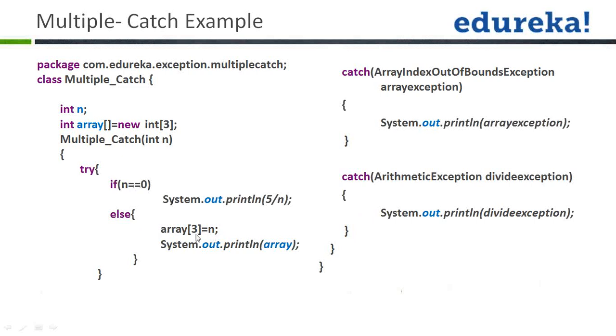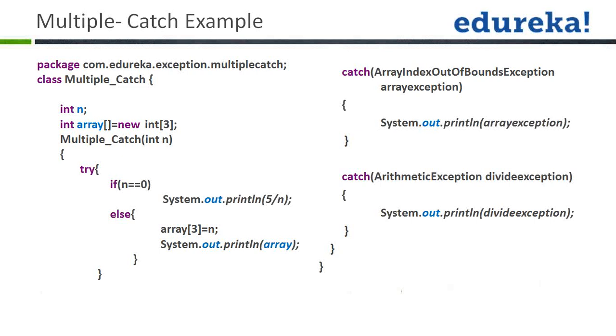Now can you tell me what is the problem with this code? I can assure you this line will give an exception. But why? What is the problem with this statement right here, that is array[3] equals n? Everyone think over it. Ashraf says array index out of bound. Sai says array index.